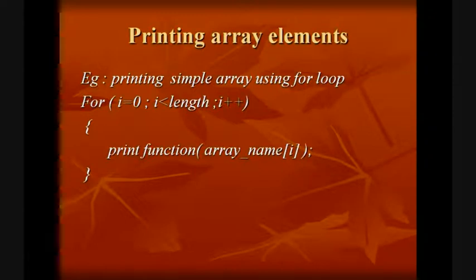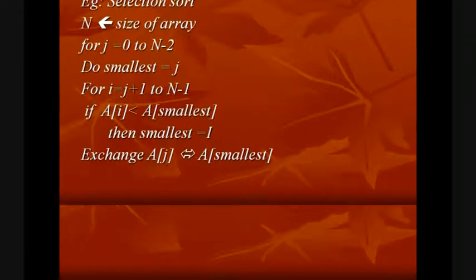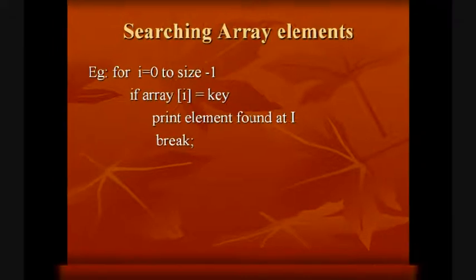This slide shows the use of a single for loop to print all elements of a one-dimensional array. Similar to the previous example, a for loop is used to traverse through the array. Use of a for loop in an array sorting algorithm is shown in this slide. Utilization of a for loop in array searching is shown here.